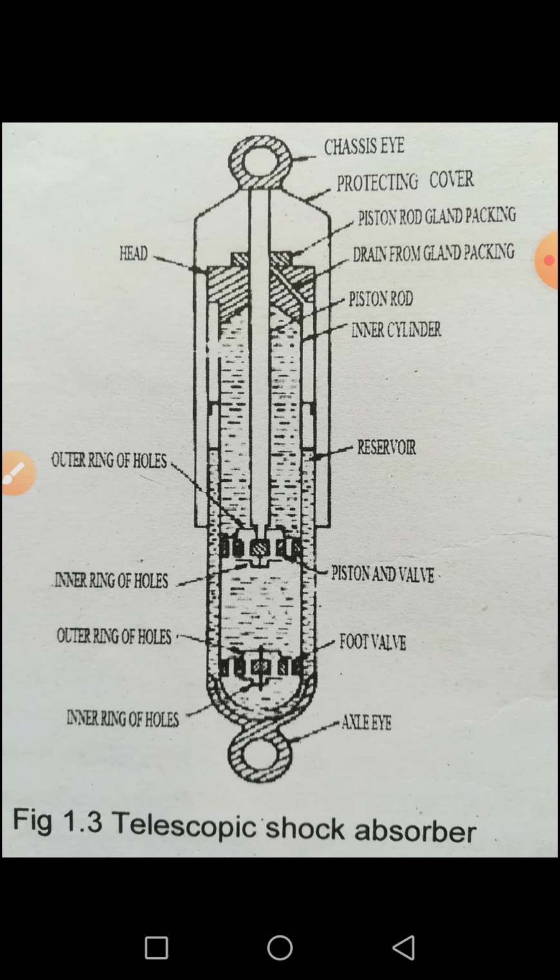So a shock absorber is always used along with a suspension spring. The function of shock absorber is to reduce or eliminate the vibrations of suspension springs during its working.